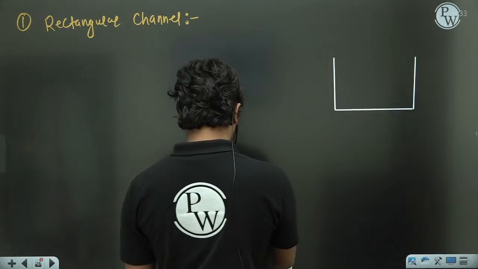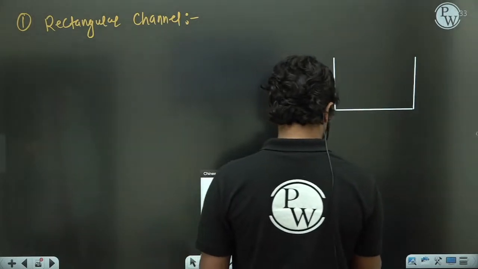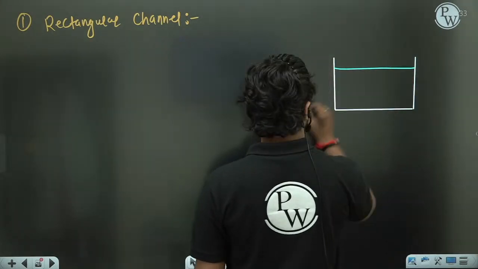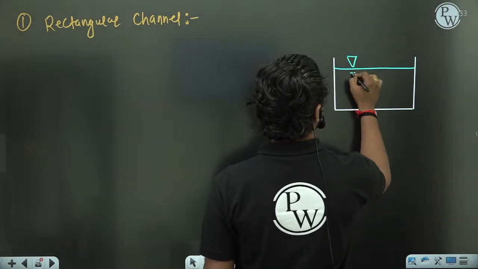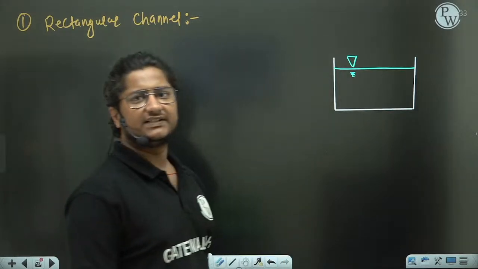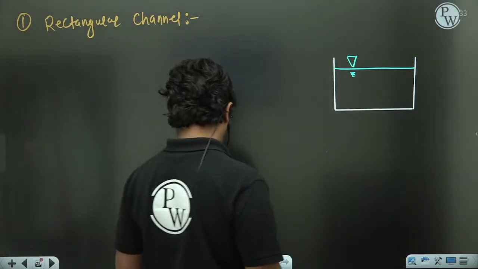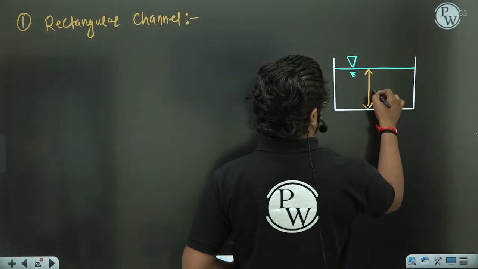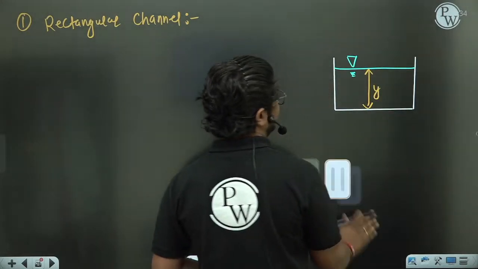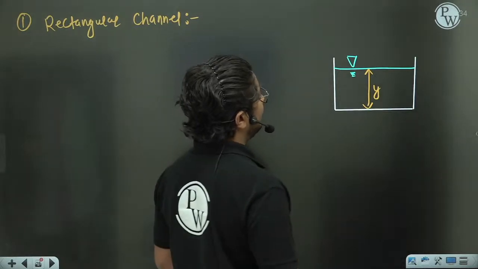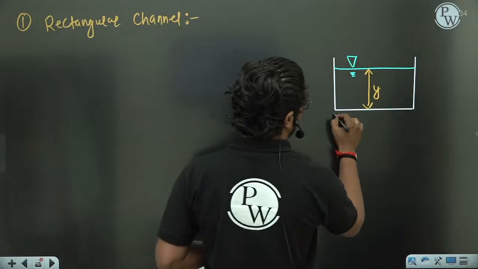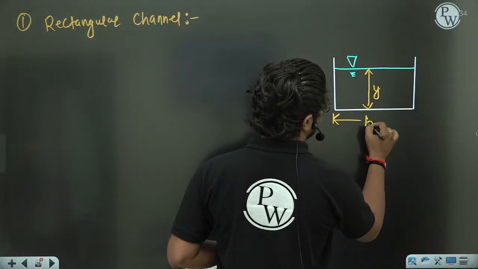This is the depth. This is the width, B, which is given to you.